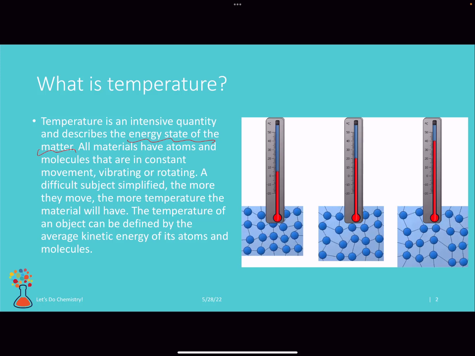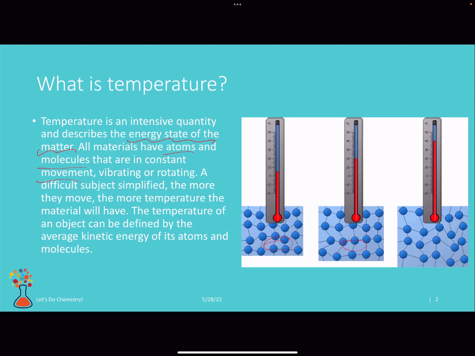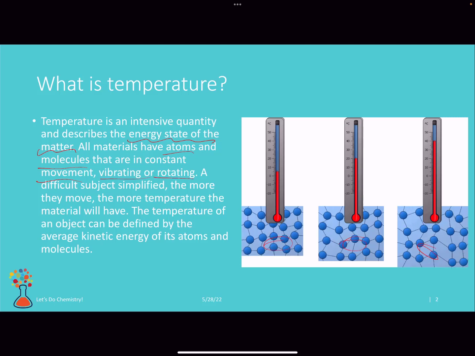If we can imagine, all matter has atoms and molecules that are in constant movement, just like here. They are constantly moving and vibrating and rotating. It depends on the type of molecule or atom. There is no exception.